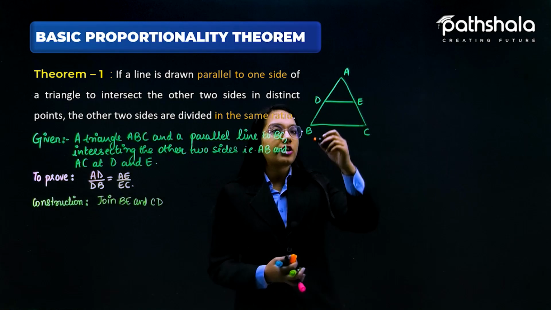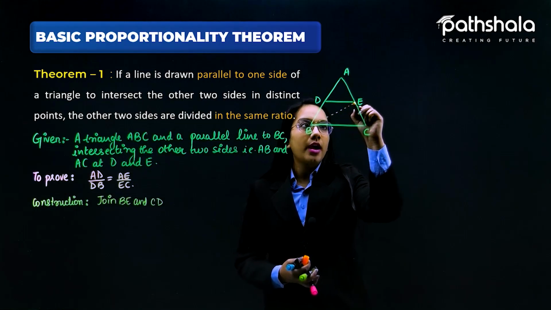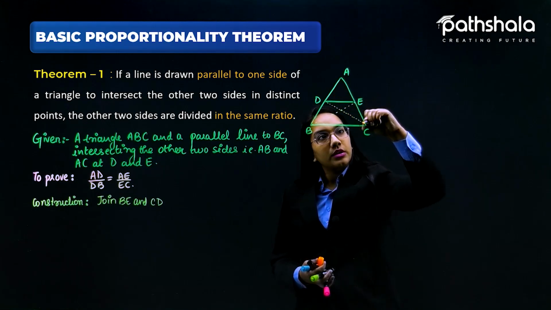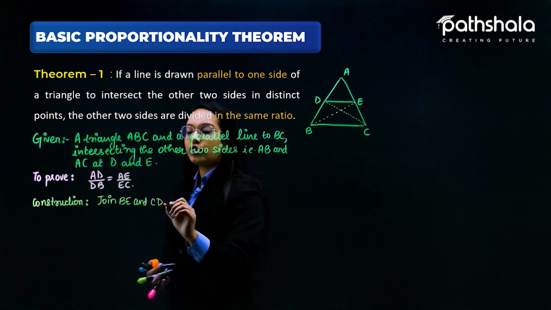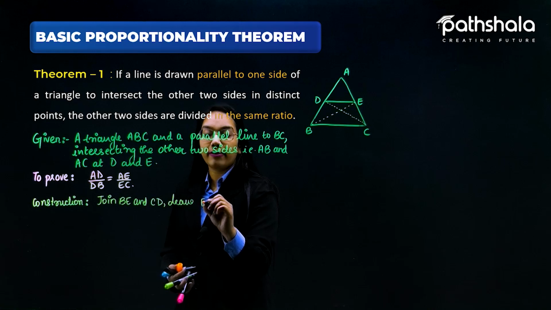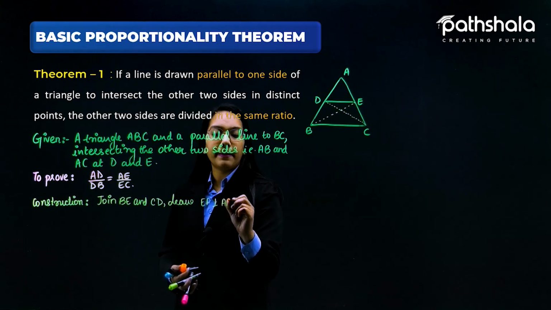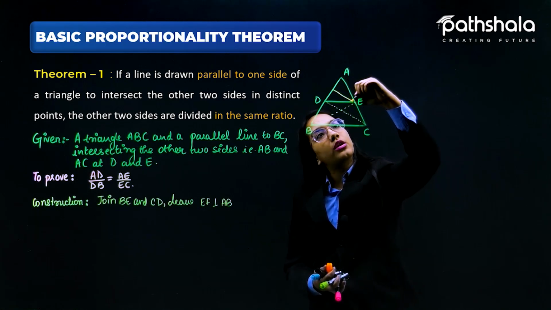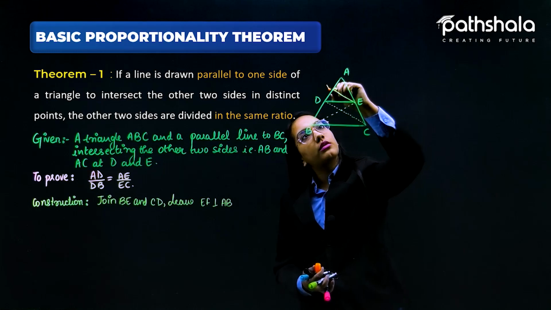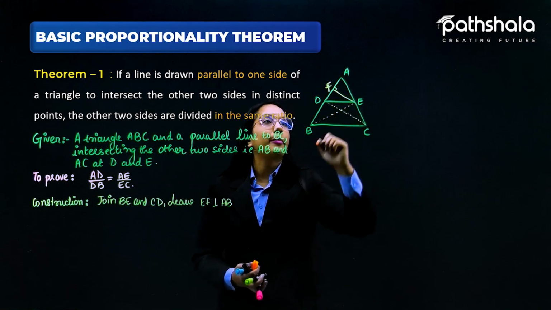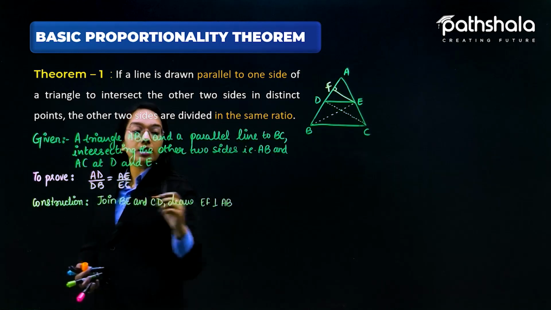So the very first construction is that we have to join BE and we have to join CD, and further draw EF perpendicular to AB. So let me draw EF, this is my EF, that I have drawn perpendicular to AB.